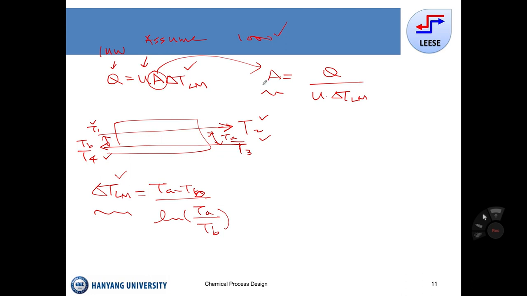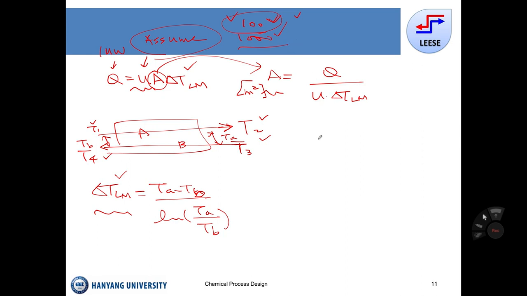I can calculate the heat exchanger area based on this assumption. Then the overall heat transfer coefficient is assumed to be, let's say, 1,000, maybe 100, but I'm not sure whether this is correct or not. Let's say I take 100 based on this fluid A and fluid B. Then this might be correct, but I'm not so sure.